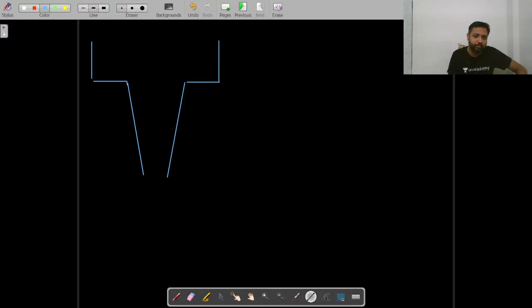Let us say the sprue is something like this, and we change it in such a way that pressure throughout the sprue remains uniform, otherwise any pressure difference may cause aspiration effect.